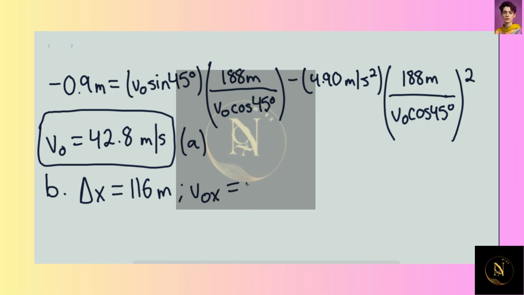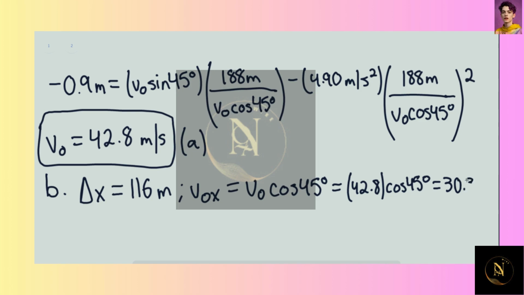This would be the initial velocity times cosine of 45 degrees. And so this would be 42.8 multiplied by cosine of 45 degrees. This is giving us 30.3, of course, the units meters per second. And we're trying to find t.